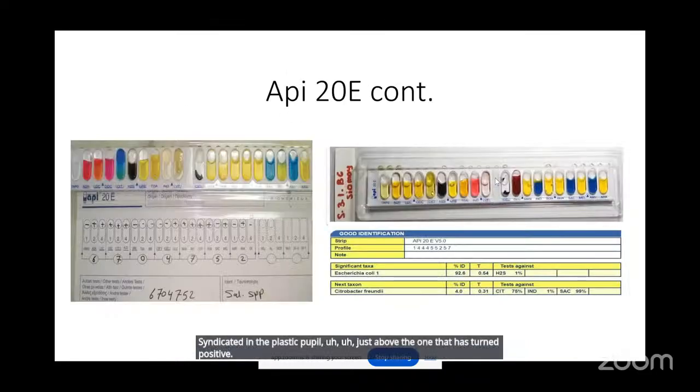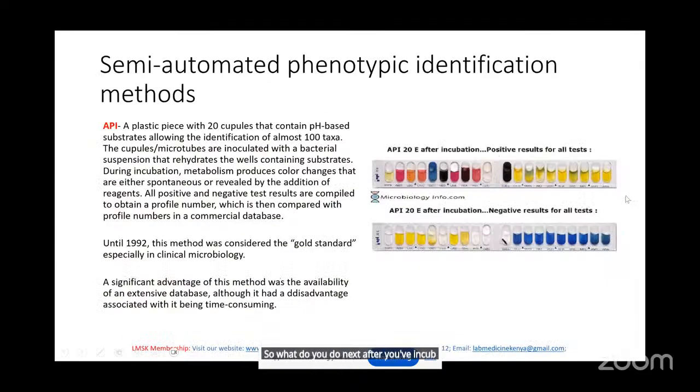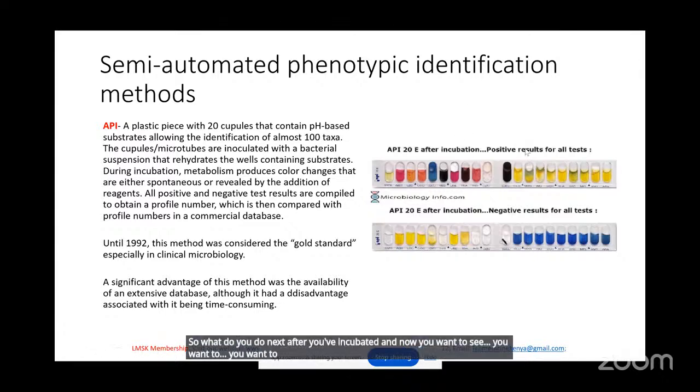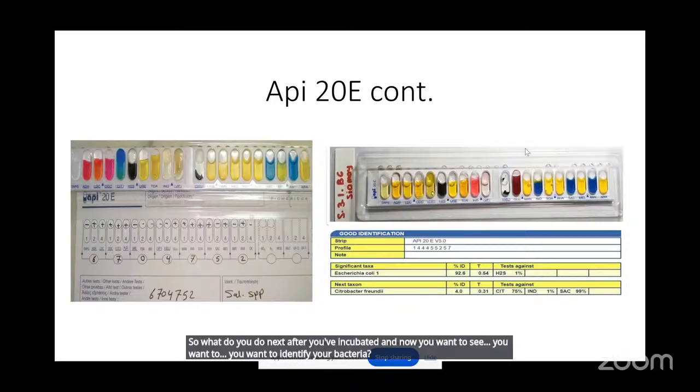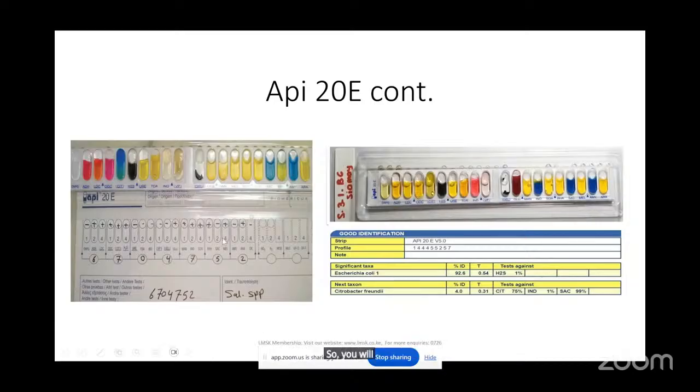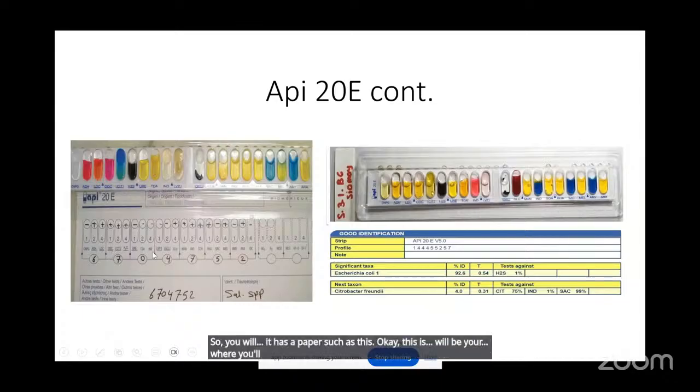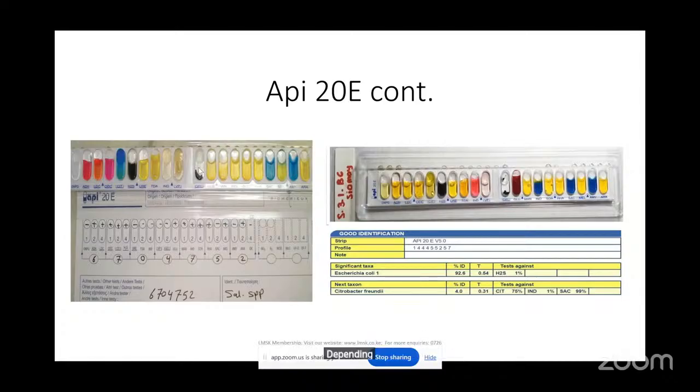So what do you do next after you've incubated and now you want to identify your bacteria? It has a paper such as this. This will be where you'll be doing your readings. You'll just come up with positive or negative depending on the API insert and what you know as positive and negative.